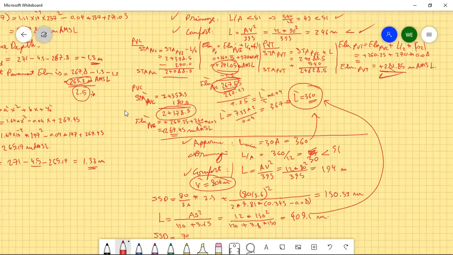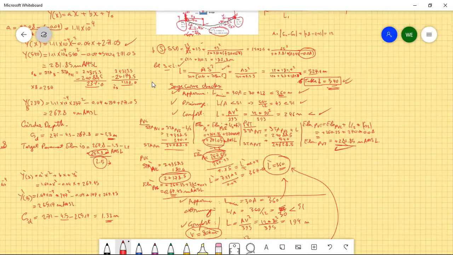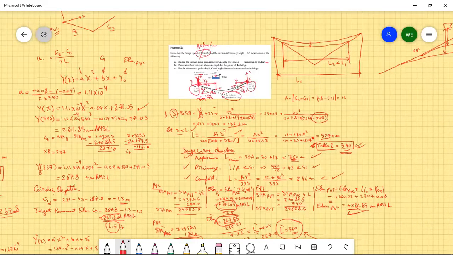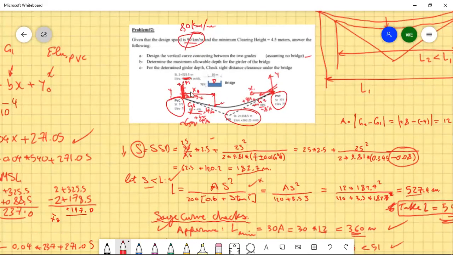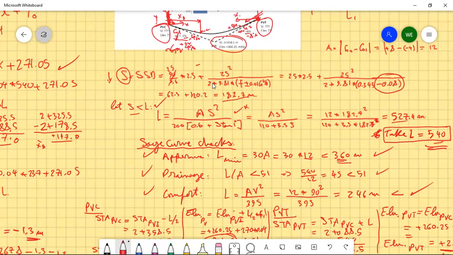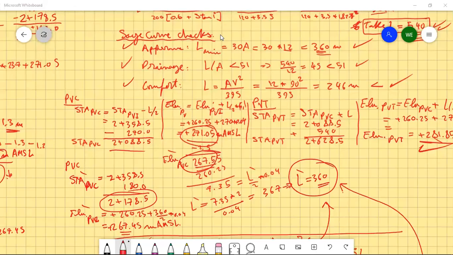The last point here was basically to check on this clearance, whether it's going to be safe for trucks to drive underneath, and there's sufficient sight distance to check for that. So here we need to make that final check, which we were explaining today.